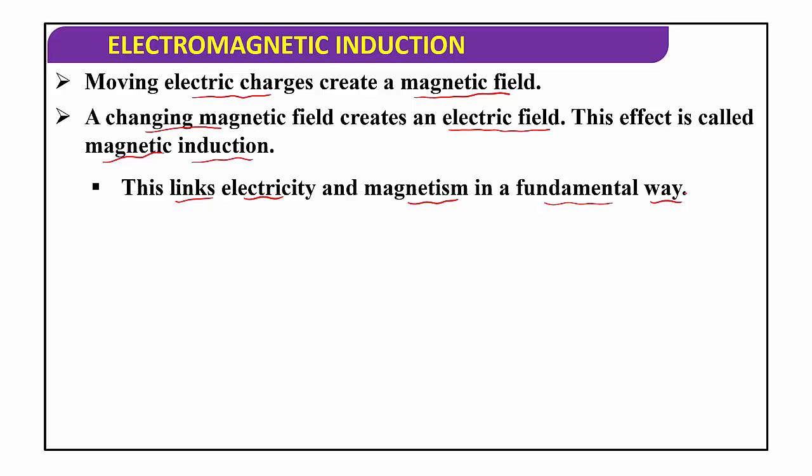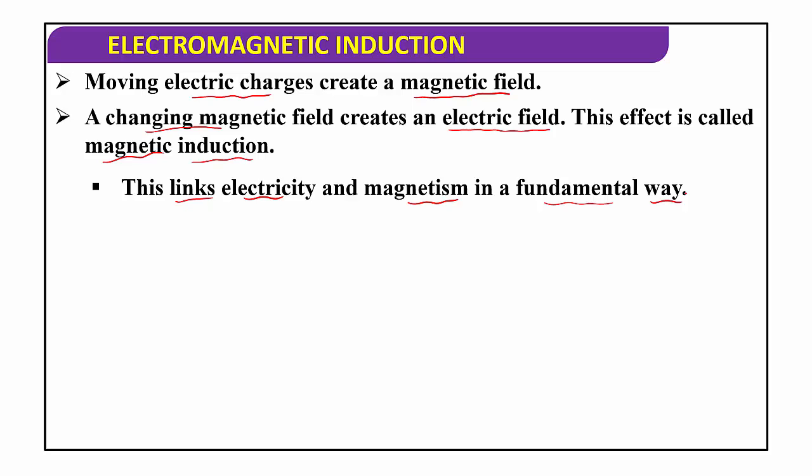Remember, a static charge is surrounded by an electric field, and a moving charge is surrounded by an electric field as well as a magnetic field. That indicates a changing electric field produces a magnetic field, or electric current produces a magnetic field. In the reverse order, we can check it now. If a changing electric field produces a magnetic field, then why not a changing magnetic field produce an electric field?